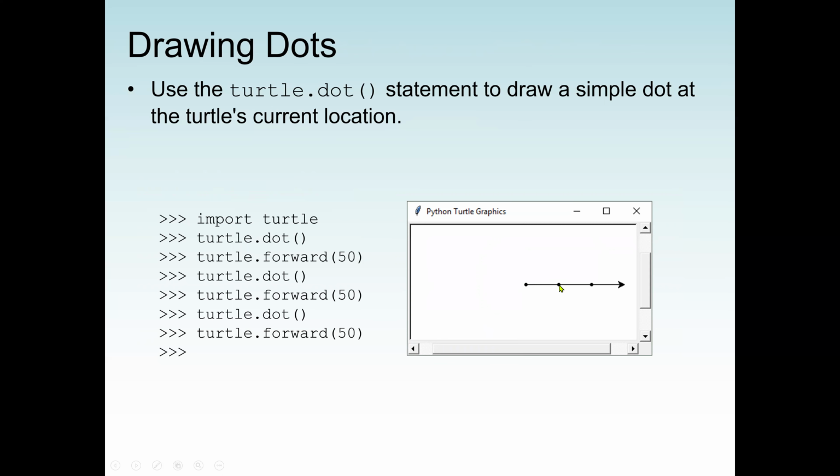Then we draw another dot again. We move forward 50. We have another dot. And we move forward 50, and that's the end. So again, import the package turtle. We draw a dot. We move forward 50 pixels. Draw another dot. We move forward 50 pixels. Then we have a dot again.